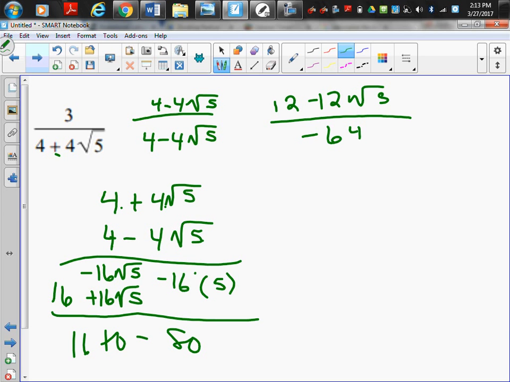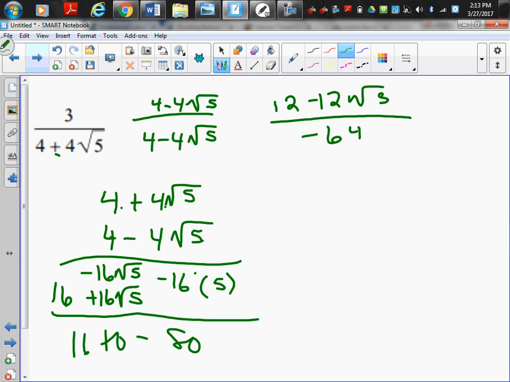Now, is there any number that divides into both 12 and 64? 4. But we cannot have a negative in the denominator. So we're going to divide by what? Negative 4. Because I don't want a negative in the denominator.